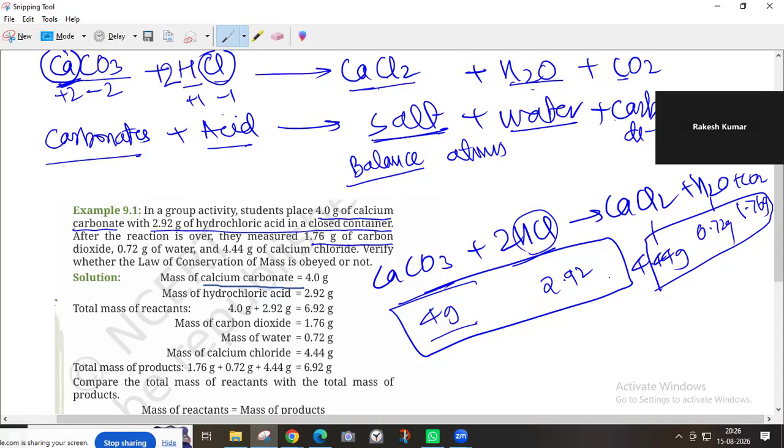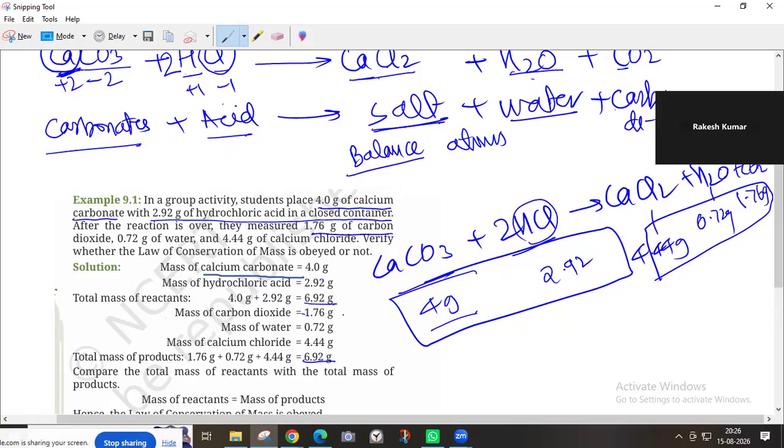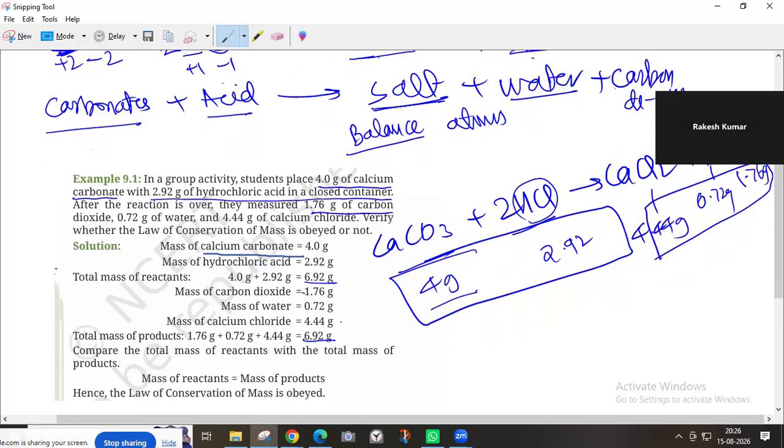You see, he has measured the reactants as 6.92 and the products are also 6.92. But there is one assumption he has made which they have not written: that nothing is wasted, nothing is in excess. Supposing something is in excess, mass will still be conserved, because mass can't be destroyed, but something will remain.